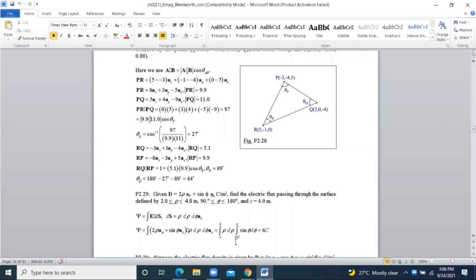Multiply by the integral between 2 to 4 of rho. In the book it says rho. And then pi by 2. Is this what you got?